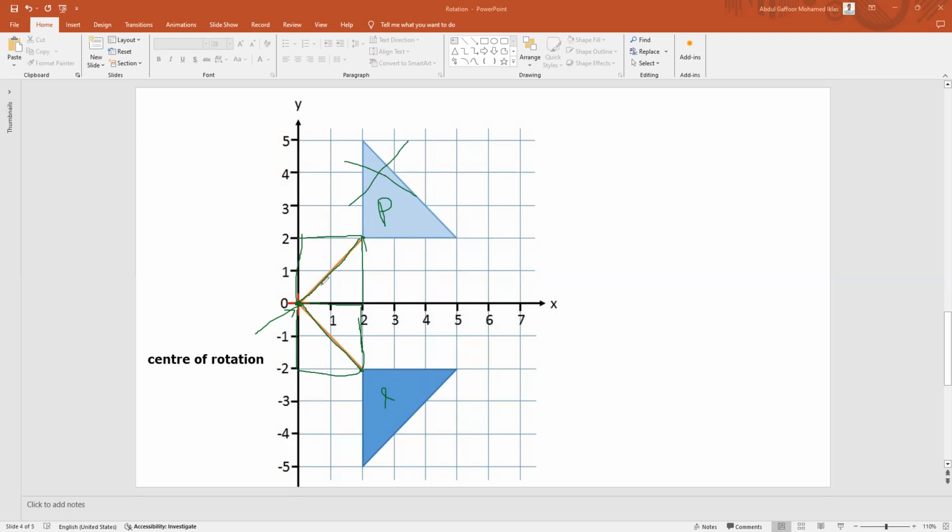If you measure this angle, it should be equal to 90 degrees, because we can form a square like this. In a square, the lengths of all sides are equal. So it forms a square, and this angle should be equal to 90 degrees.